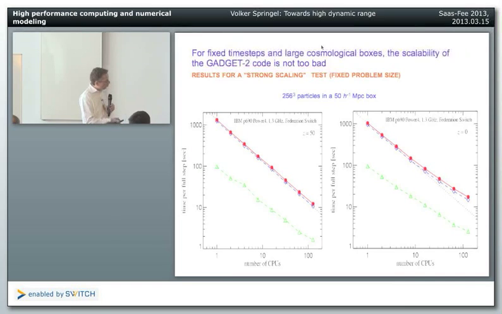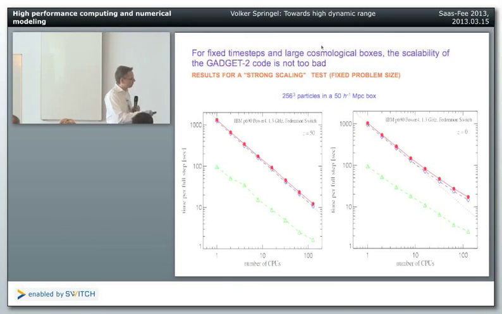And here is a strong scaling result, where you see that as the number of CPUs is increased, the time for a time step, taken in seconds, is going down as kind of expected, proportional to 1 over the number of CPUs. This is at redshift 0, and this is at redshift 50. So here the dark matter was not very clustered. This is the simple part.